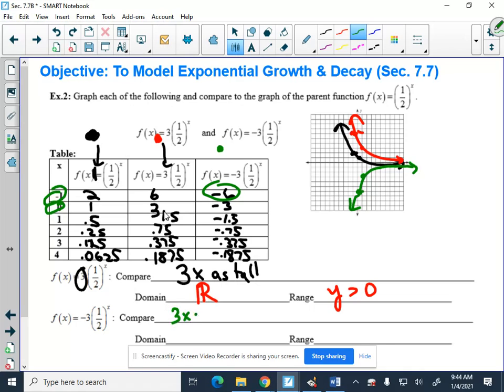It's 3 times as tall, but it's also what we call a reflection on x. Because that green one, it flips over the red one on the x-axis. Mirror image. The domain, again, is still all reals, but the range now is y is less than 0 because it went below the x-axis.